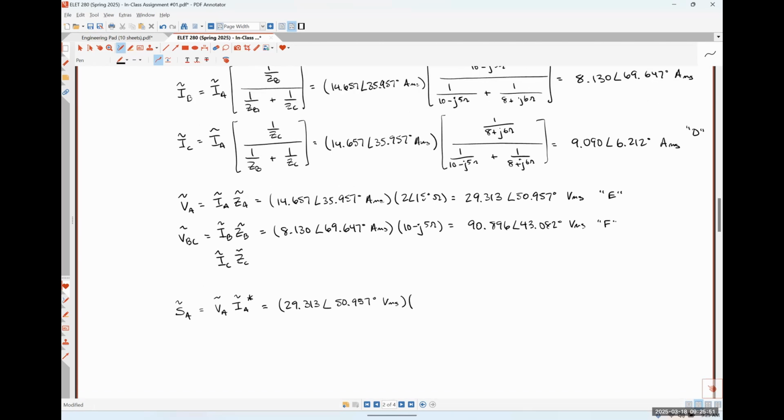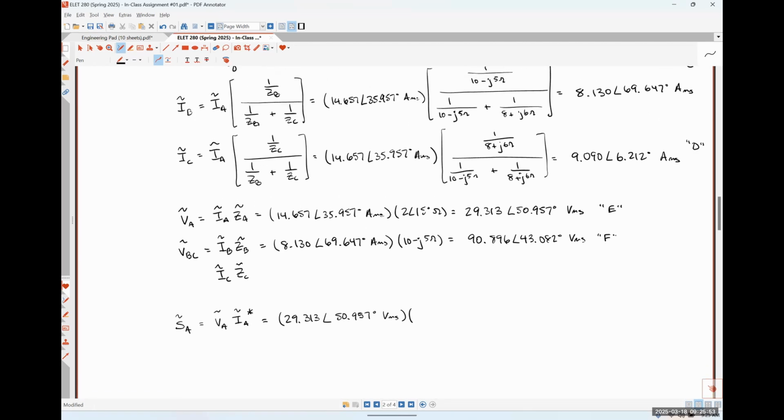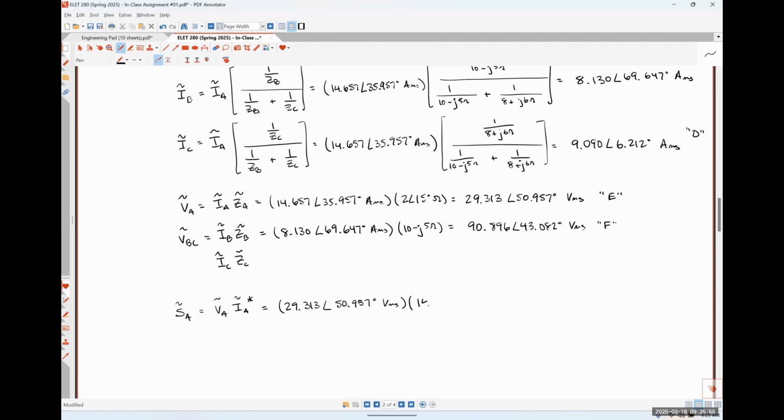IA was 14.657 with an angle of 35.957 degrees, amps RMS. So how do I make that IA conjugate? Negative angle, absolutely right. So I'm just going to put a negative angle right here. And I'm just going to throw this into my calculator.